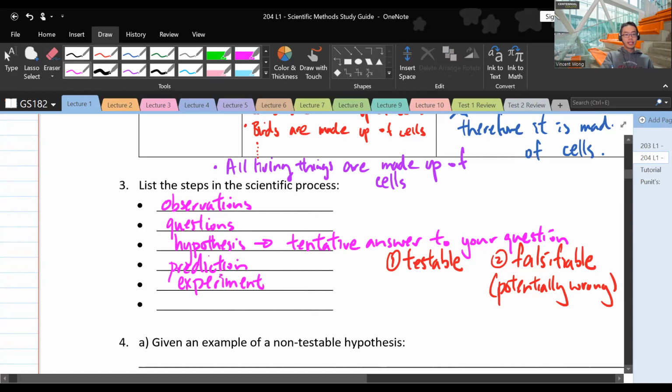We set up an experiment to test our prediction, to test our hypothesis, and we can make a conclusion. That's the scientific process. Sometimes after the conclusion, you have to refine your hypothesis and try again. It's often a cyclical process.